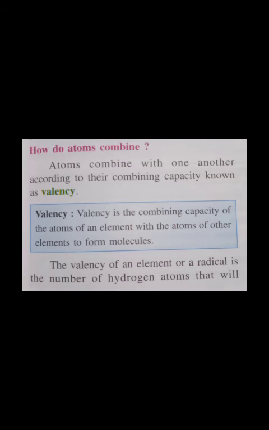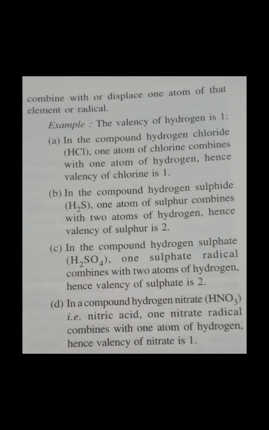The valency of an element or a radical is the number of hydrogen atoms that will combine with or displace one atom of that element or radical, as the valency of hydrogen is 1. Now in HCl, hydrogen's valency is 1, chlorine valency is 1.